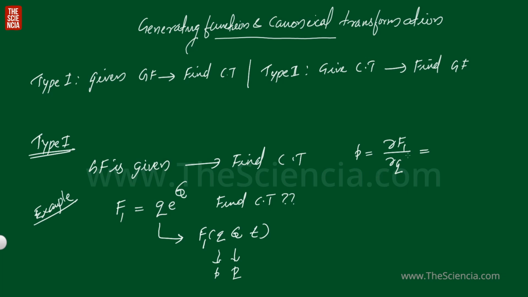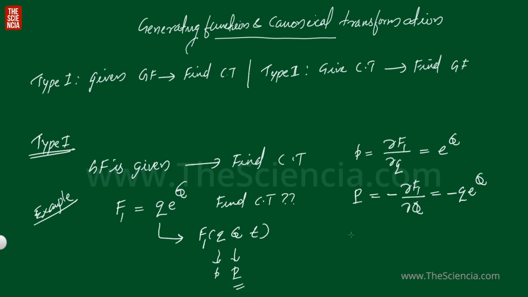So when we take ∂F1/∂q, we get e^q. And the other missing coordinate is capital P, and for capital P we know there will be a minus sign. So minus ∂F1/∂Q. So what we get? We get minus q e^q.